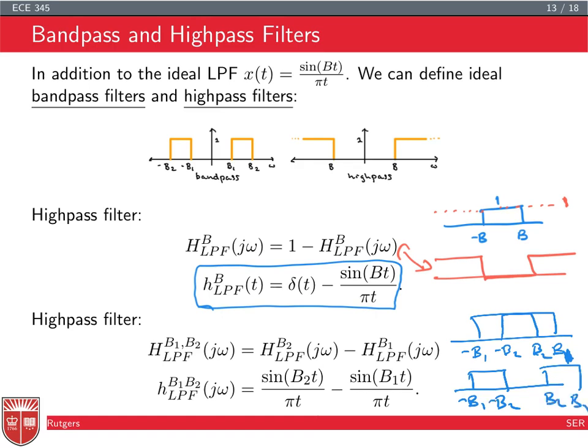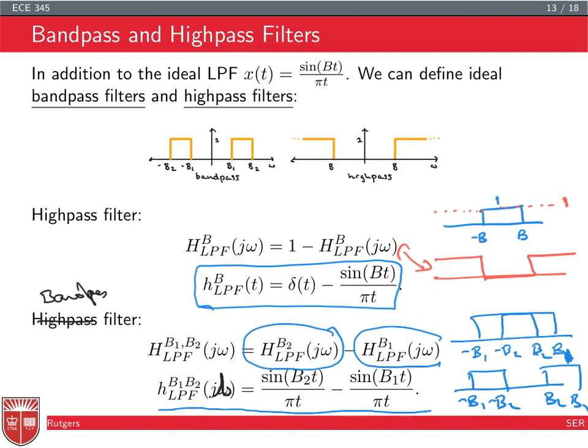Maybe I switched B1 and B2 here, but it doesn't matter. So it's equal to the difference between two low-pass filters, and this is how you get the impulse response of a bandpass filter. Here there are two typos, which I'm going to fix. This is bandpass, and this is a function of t.